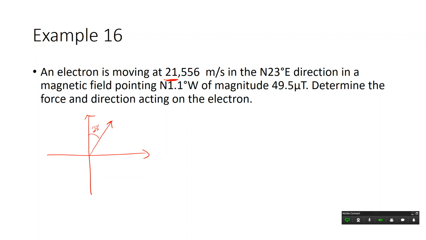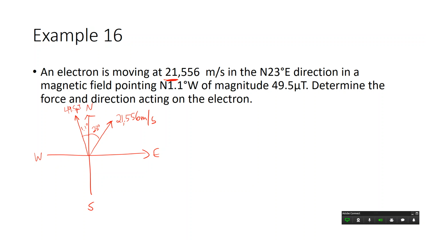This is north, east, west, south, and the speed is 21,556 meters per second. And I have my magnetic field, which is somewhere in that direction. This is 1.1 degrees, and this is going to be 49.5 microtesla.